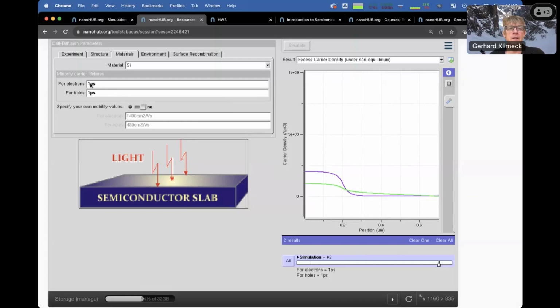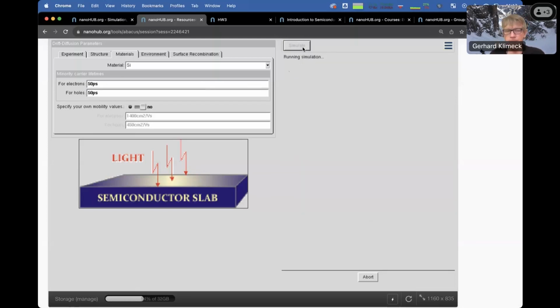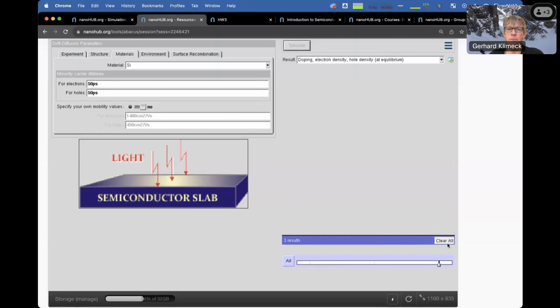So if we make the lifetime maybe a little longer, maybe 50 here. We can change it for electrons, we could do it for holes. I'm going to do this one more time.